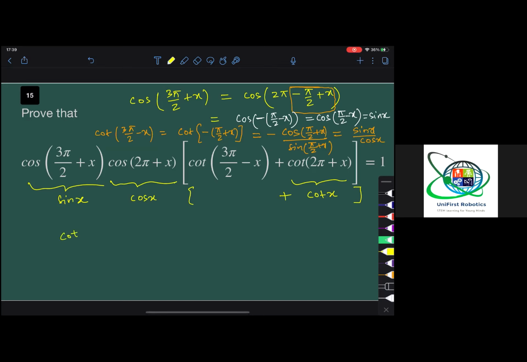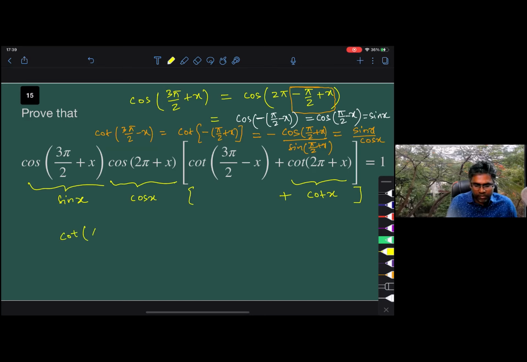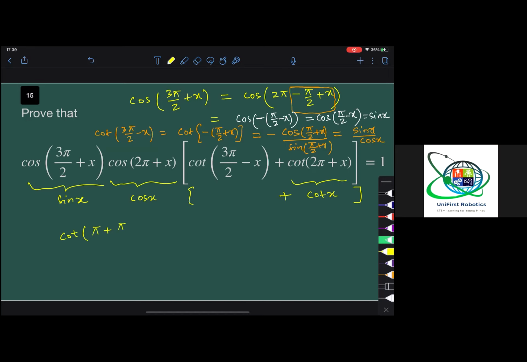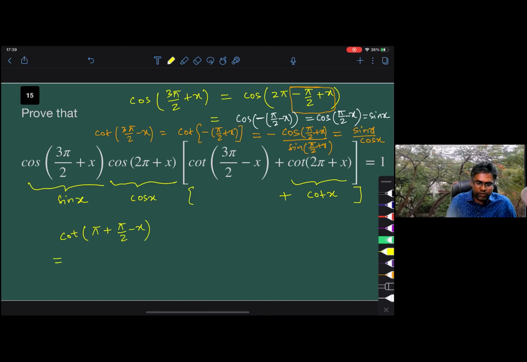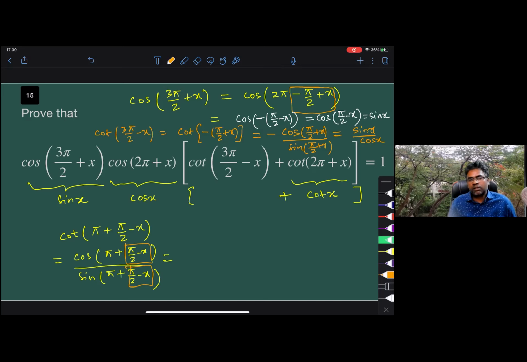Okay, so if you write it as cos of this, let's say, then if you assume that this is acute, your cos of pi plus something will still give you negative, right?